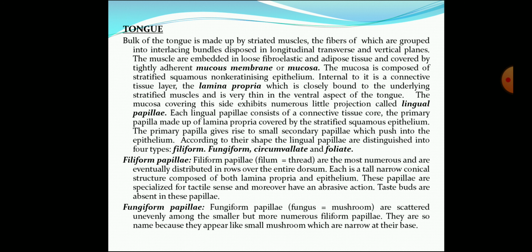They are so named because they appear like small mushrooms, which are narrow at their base and have a short stalk and an expanded, smooth, flattened, rounded top. Each has a central core of lamina propria from which secondary papillae project into the thin covering epithelium.